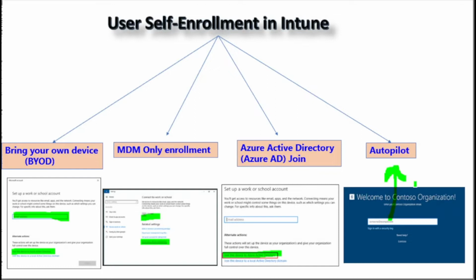Okay, so the machine can either join as Azure Active Directory join, or the machine can be a hybrid AD join, where the machine is joined to the on-premises environment and registered in Azure AD.